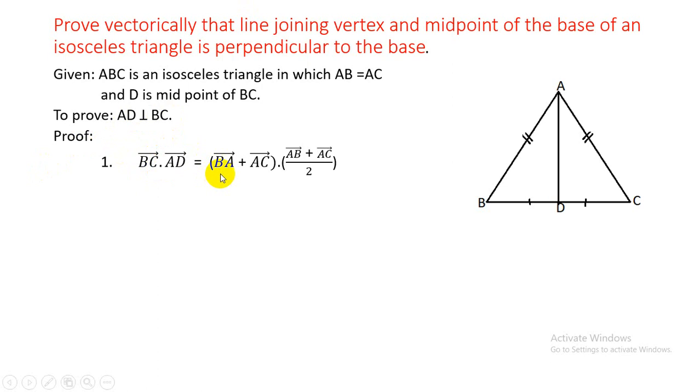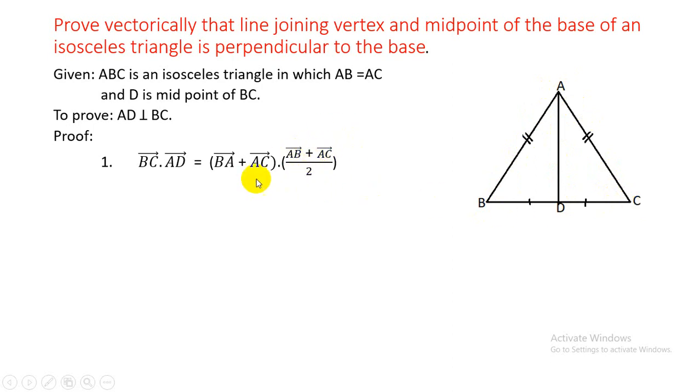Now BC vector means BA plus AC. Similarly, AD vector means AB plus AC by 2, by using the midpoint theorem.